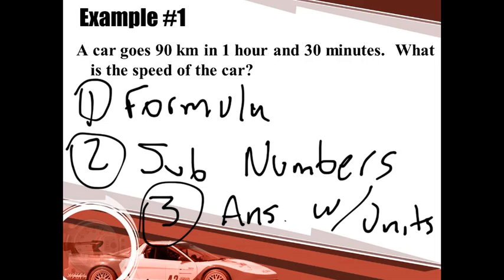Or if you just have a correct answer, you will lose 2/3 of the credit for not writing the formula and the work. So here's your problem. The car goes 90 kilometers in 1 hour and 30 minutes. What is the speed of the car? Solve it. On your mark, get set, go.